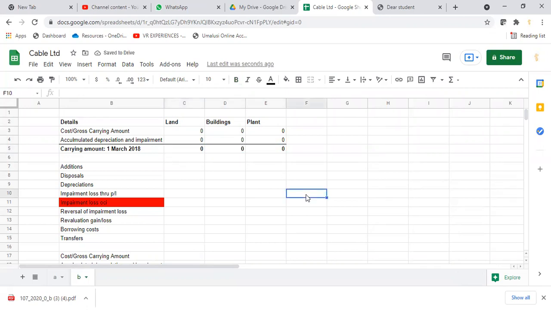So that's why it's very important to understand what you are actually trying to achieve. And it's always important when you're dealing with assets to keep in mind the classification. So what is this asset at this point in time? Because remember, land and buildings or property can be investment property, it can be PPE, it can be inventory.